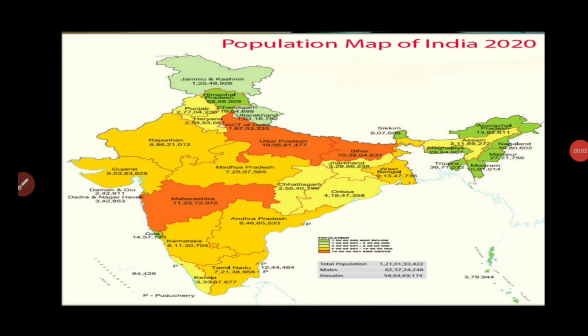Coming to population density map, what do you mean by population density? Population density is the number of people living in a unit area of the earth's surface. Understood, my dear? So population density is nothing but the number of people living in a unit area.